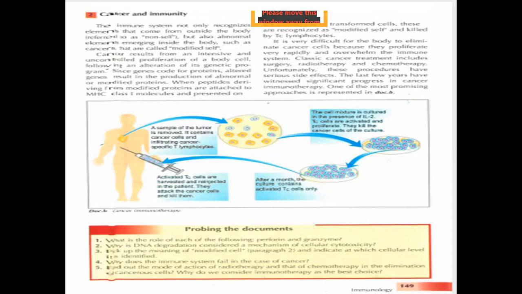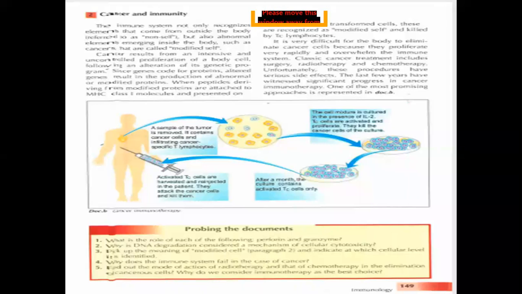Then the cell medium is cultured in the presence of interleukin 2. We all know that interleukin 2 activates the T lymphocytes. So the T cells are activated and proliferate. They will kill the cancer cells in the culture.